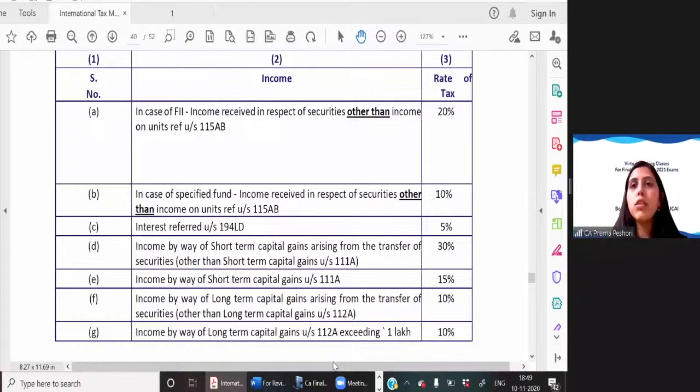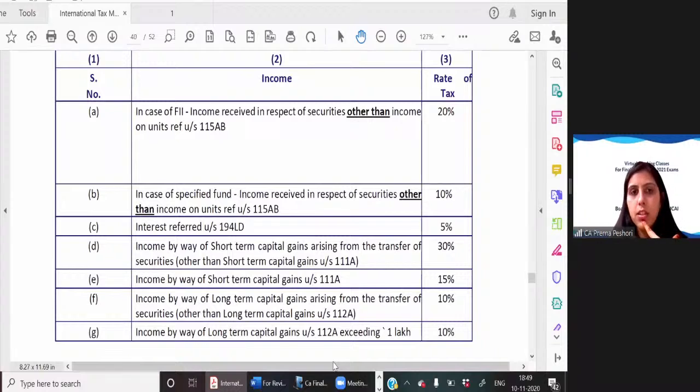Under 112 in case of long-term capital gains on redemption of GDR. Whether it will be 20% or 10%?